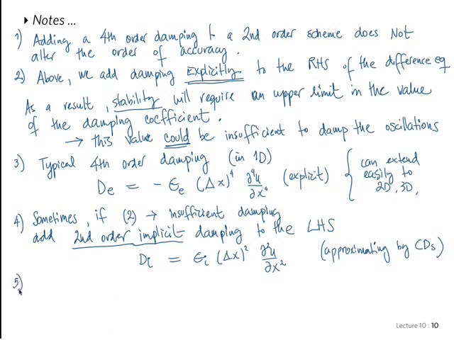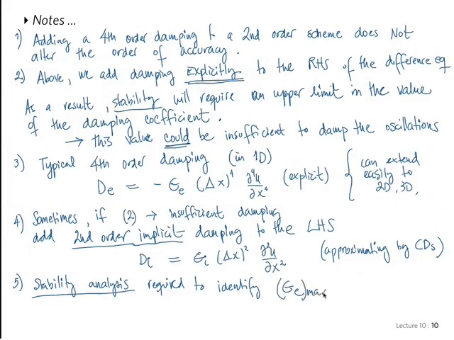Finally, we're not going to do all the analysis, but one can do a stability analysis. And this is what is required to identify this maximum value of the damping coefficient.